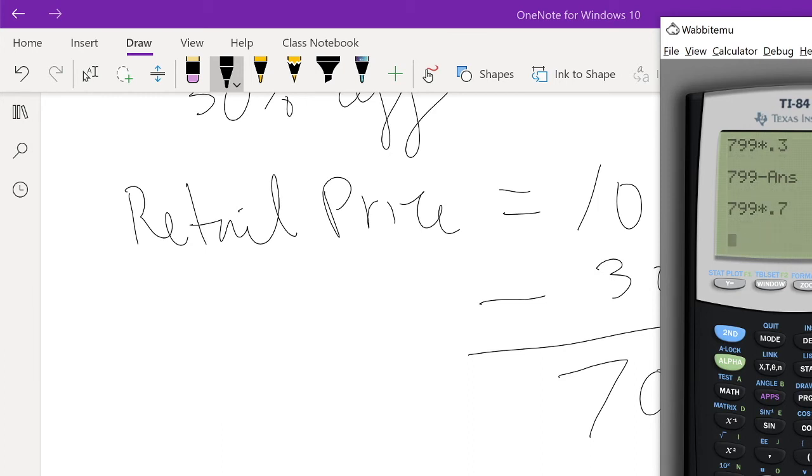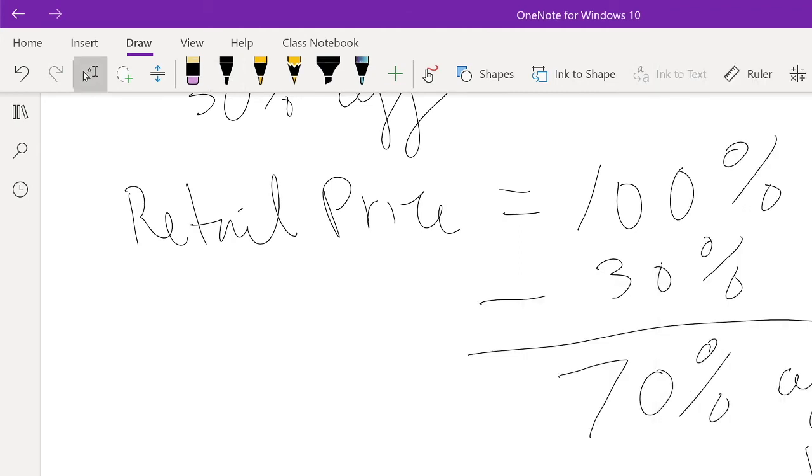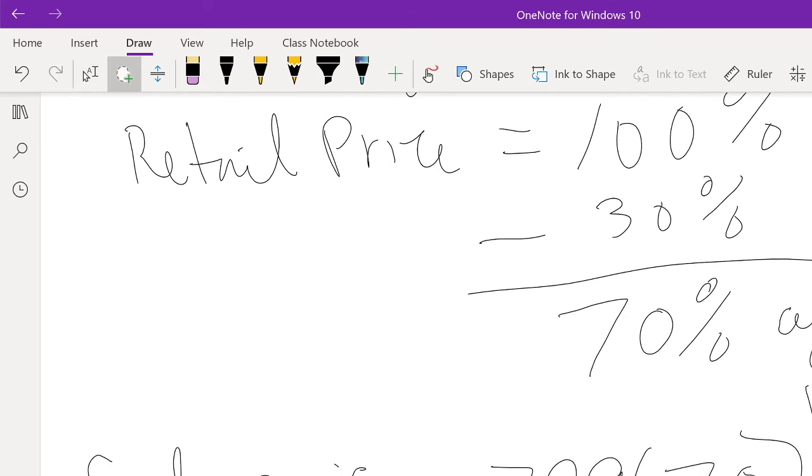And we get the same result as the previous way, but it only took one calculation. So here we have $559.30. That's the same answer I got the previous way. I prefer this way, it's just quicker to get to our desired result.